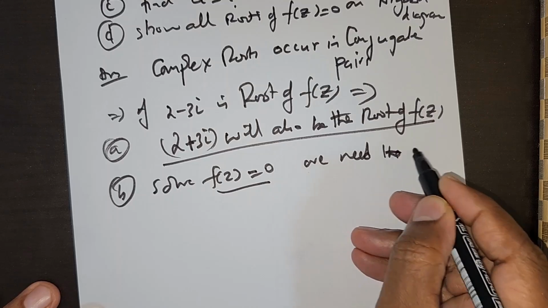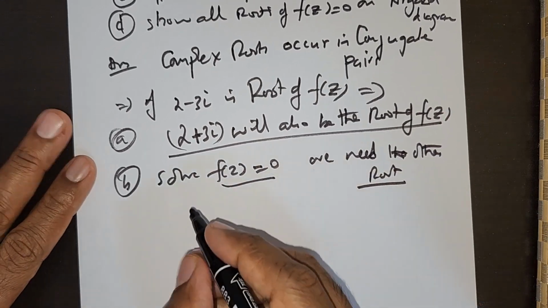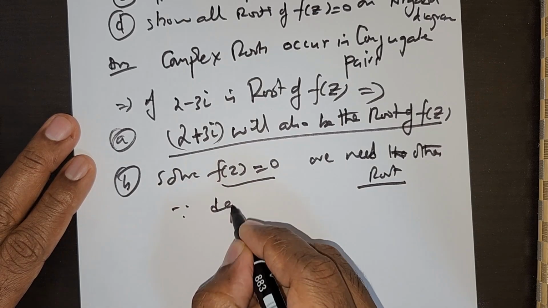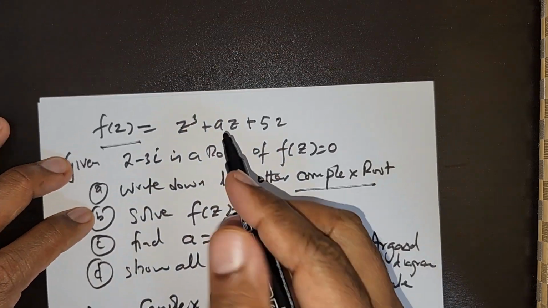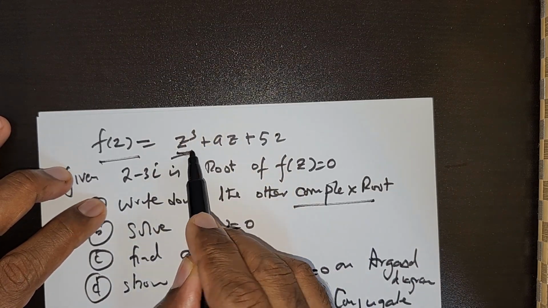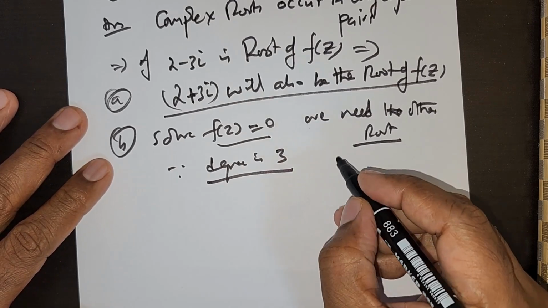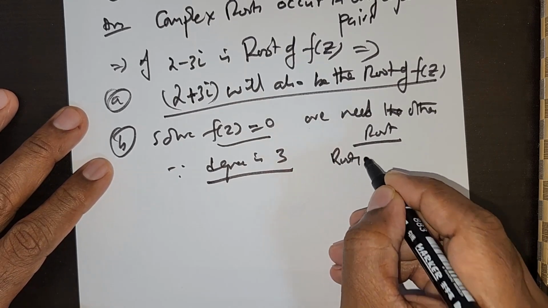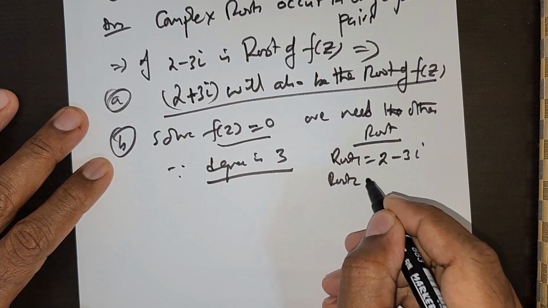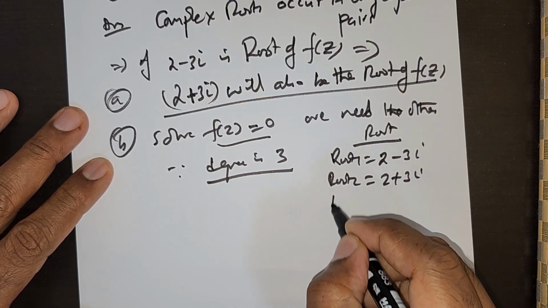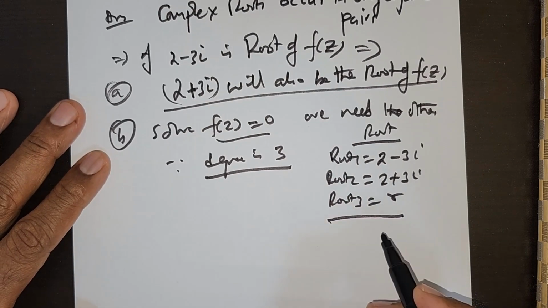Since the degree is 3, we have been given z cubed here. We have already got root 1, which is 2 minus 3i, and root 2, which is 2 plus 3i.